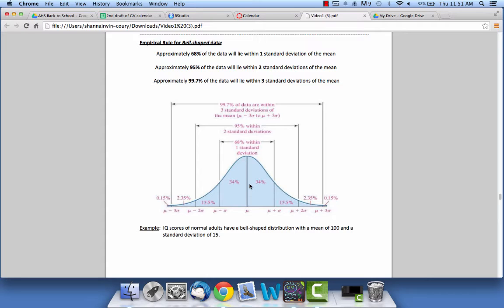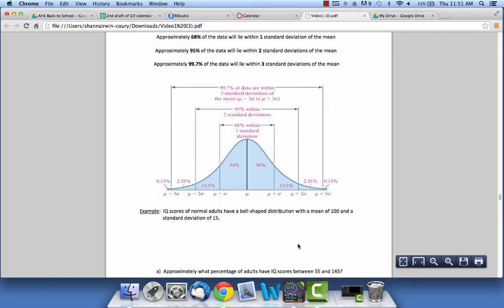If you add and subtract 2 standard deviations instead, about 95% is in there. If you add or subtract 3, there's about 99.7% in there. So later you'll have more exact measures for these things, but this is just the empirical rule for this.